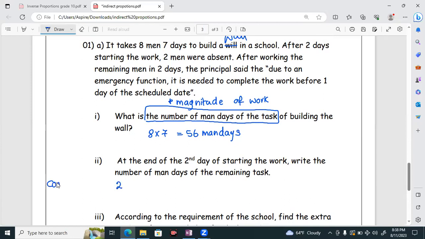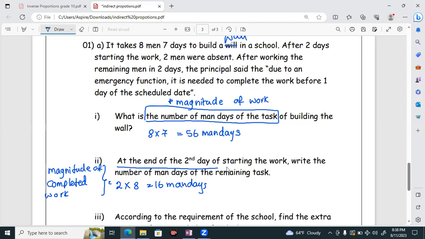If you find the completed work, that can be obtained by 2 days times 8 men, that means 2 times 8. It is 16. 16 man days have been completed at the end of the second day.